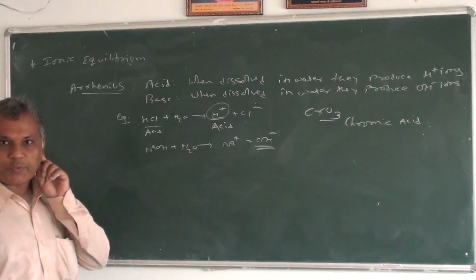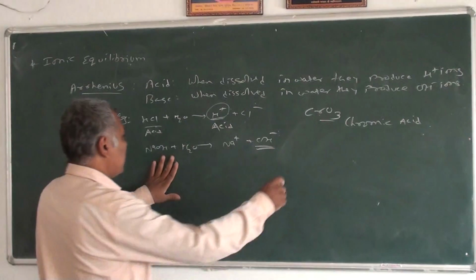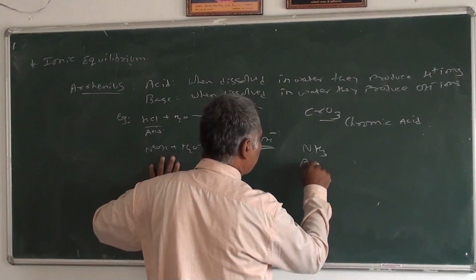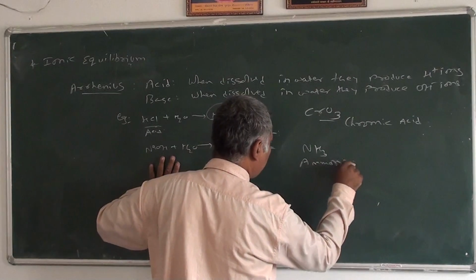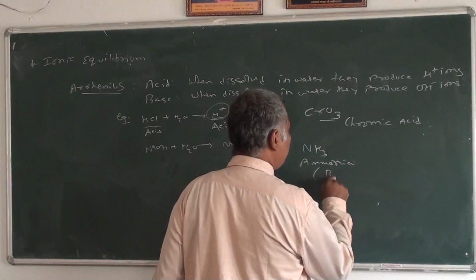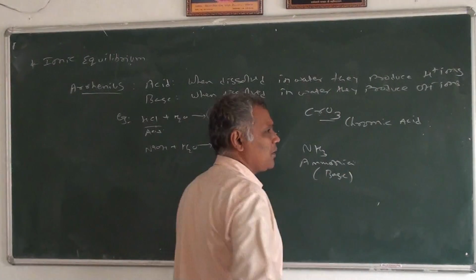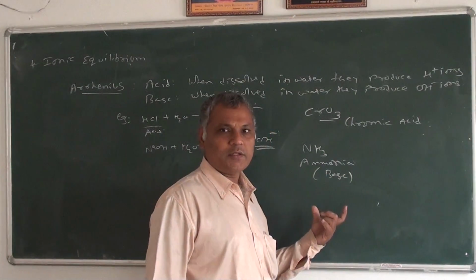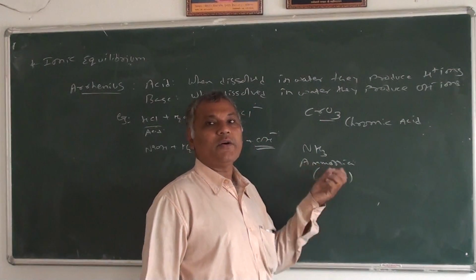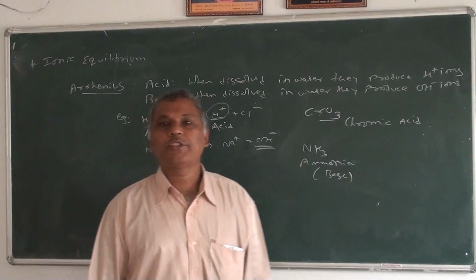Now, can it produce H plus? No. Let's take NH3, ammonia. Is it an acid or a base? It's told that it's a base. Does it have OH? No, it does not have oxygen at all. How is it going to produce OH minus?